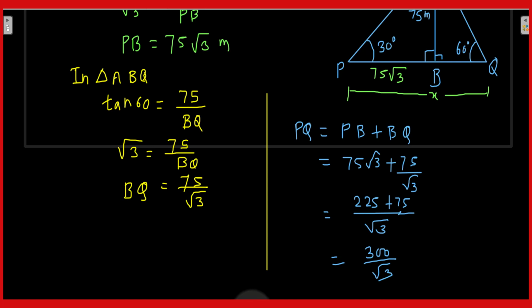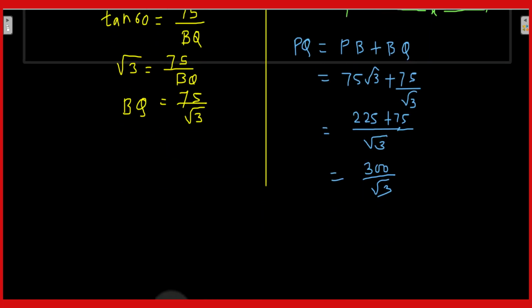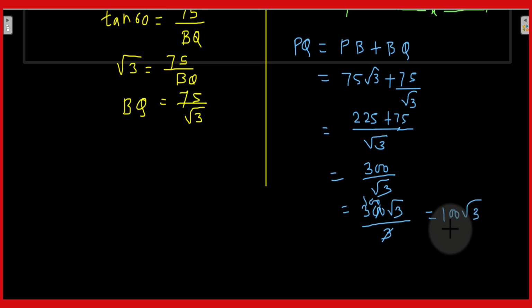Friends, rationalize 300 upon root 3: multiply the numerator and the denominator by root 3. So 3 ones are 3, 300 are 300, which is equal to 100 root 3. Therefore the distance between the two men is 100 root 3 meter.